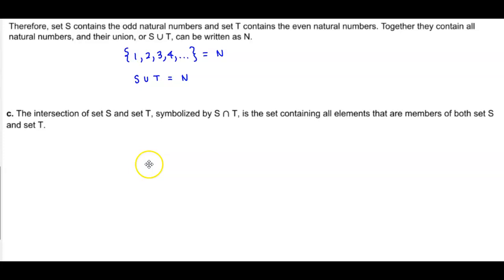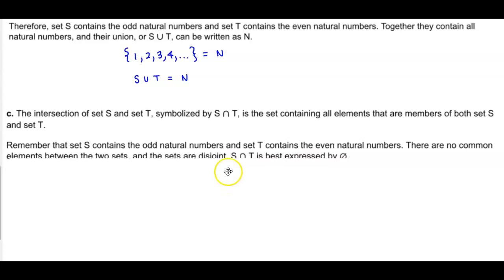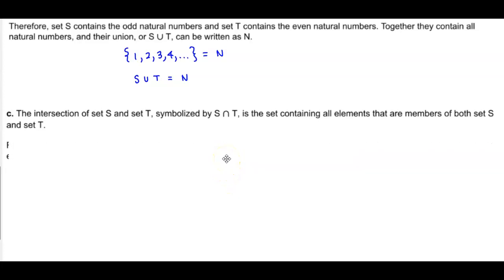Okay, now it says the intersection of S and T, symbolized by S intersection T, is the set containing all elements that are members of both set S and T. Well, remember that S is equal to the set of the odd numbers, which is 1, 3, 5, and so on.